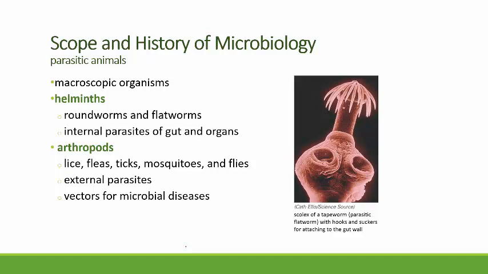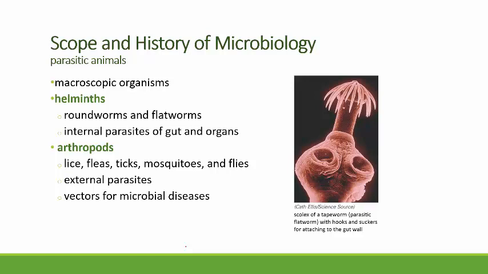Arthropods, these are the groups of animals that have a hard but jointed shell around their body, include species like lice and fleas, ticks, mosquitoes, and flies. So insects and arachnids are in that arthropod group, and they act as external parasites of the human body.